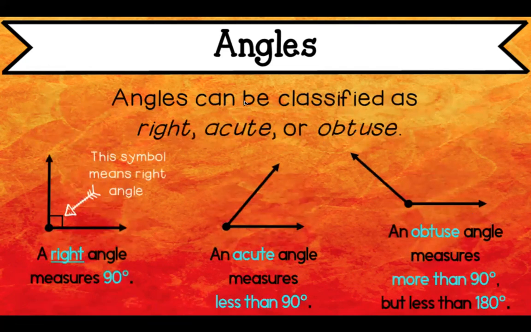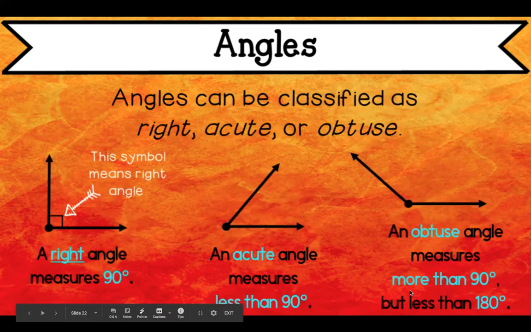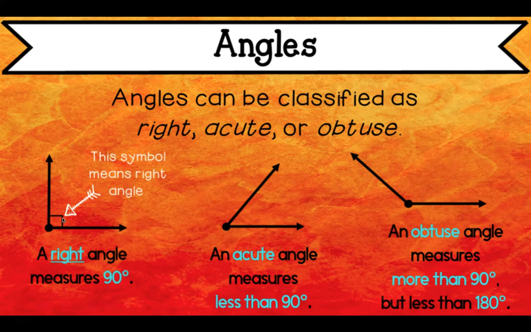Angles can be classified depending on their angle measurements, right? Remember how these had 90 degrees, 180 degrees, 360 degrees? Every angle has what's called a degree, okay? This symbol right here, remember that? It was for when we have lines that are perpendicular. That creates what's called a right angle.